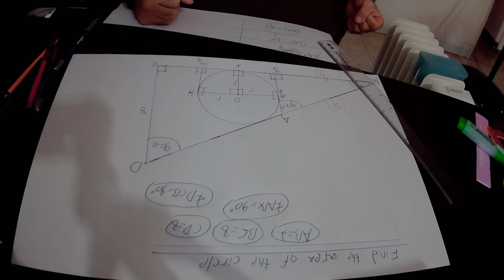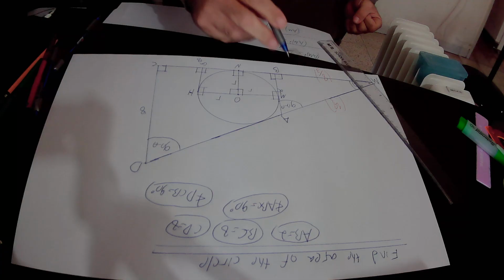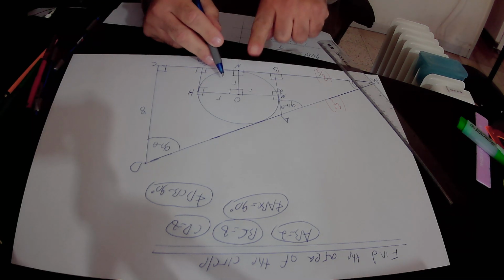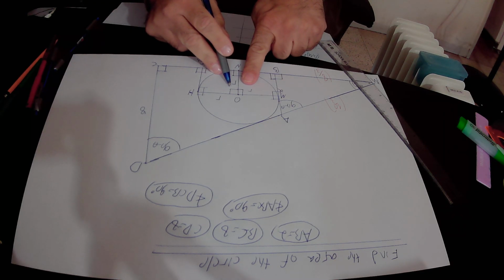Okay. So we have here line segment MH. Line segment MH is a straight line. Why is line segment MH a straight line? Because this angle in total is equal to 90 degrees plus 90 degrees.